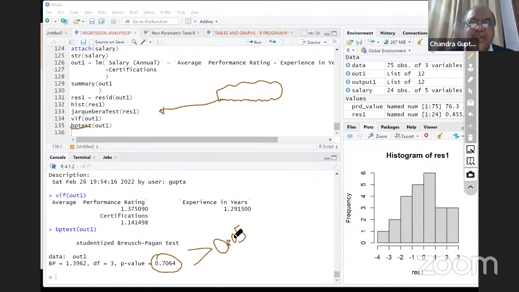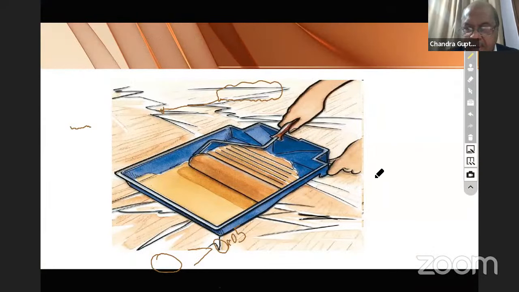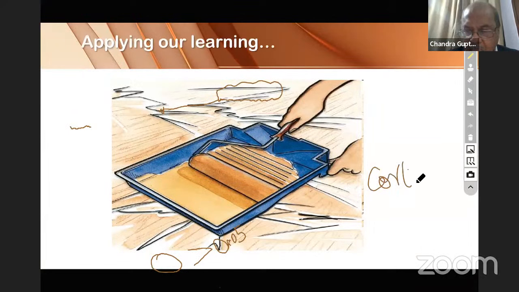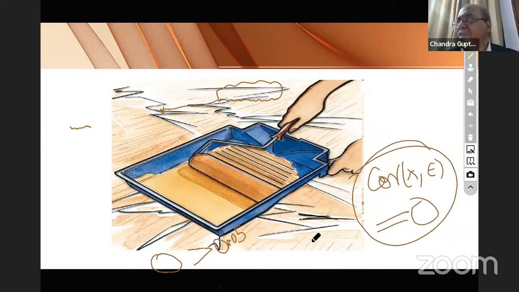My response is, we cannot test endogeneity statistically. Theoretically, you have to prove whether endogeneity exists or not. Otherwise, if you calculate the covariance between X and the error term, that will always be 0, and you cannot prove endogeneity.